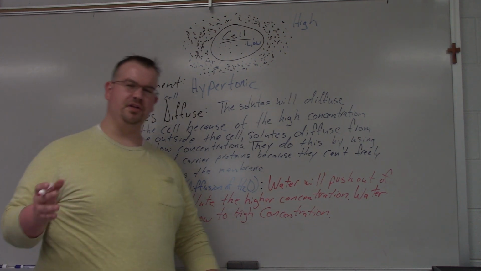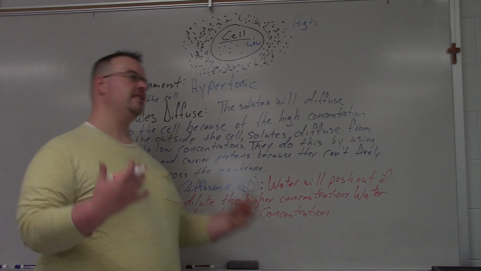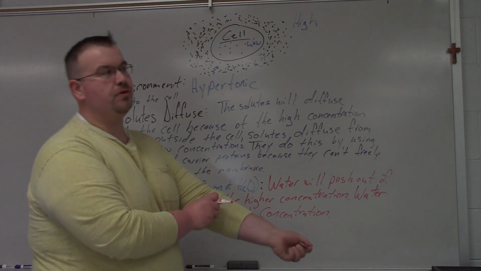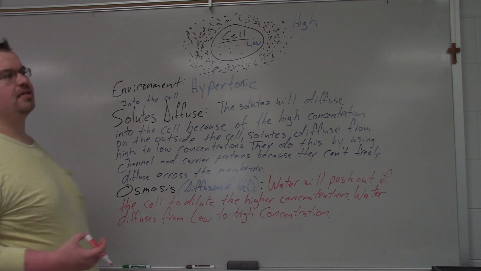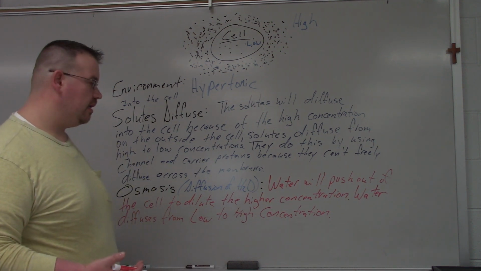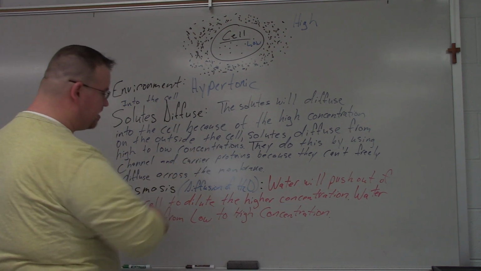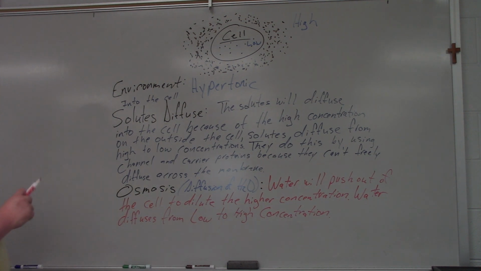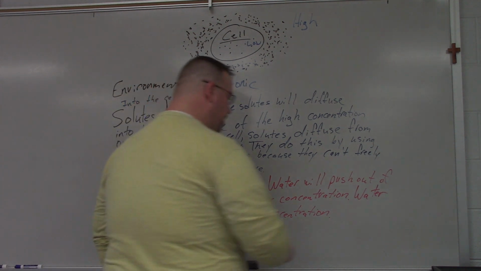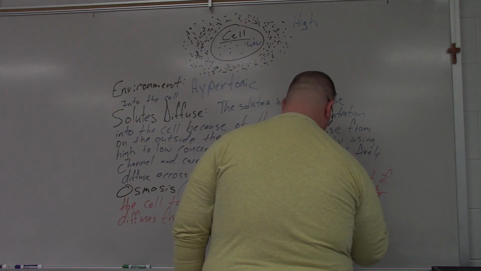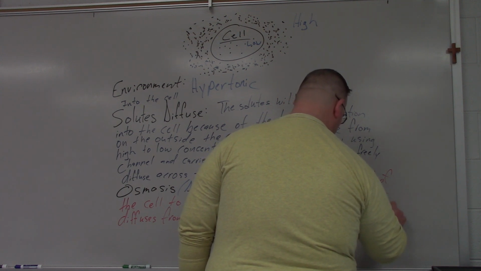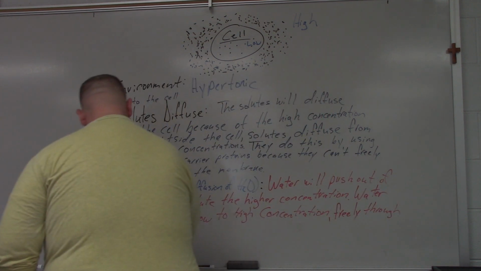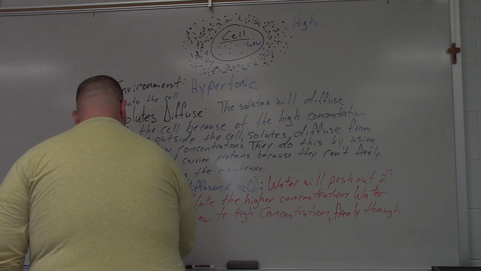So this is the way to look at it. The water is what things are dissolved in. So if we push more water in, it lowers the concentration. And what that's called is called diluting. So water will push out of the cell to dilute the higher concentration. Water diffuses from low to high concentration freely through the plasma membrane.